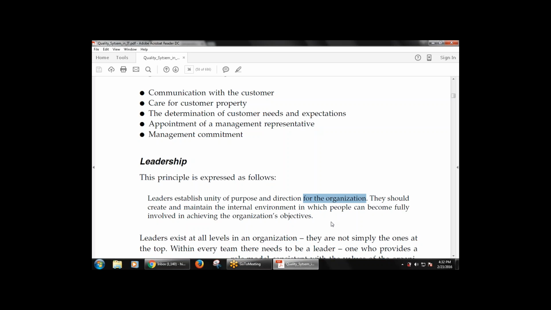So leaders establish the unity of purpose and the direction for the organization, and they should create and maintain the internal environment in which people can become fully involved in achieving the organization's objectives.